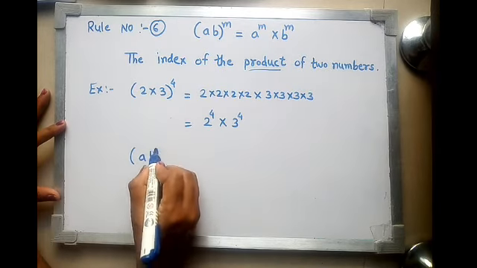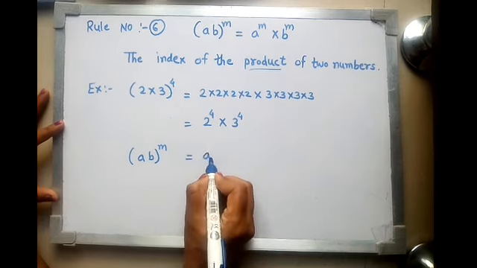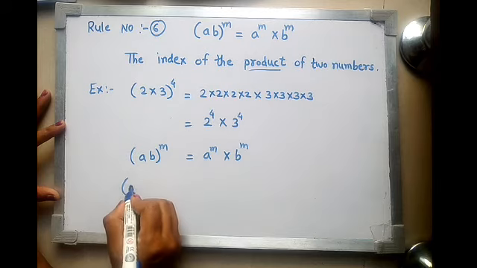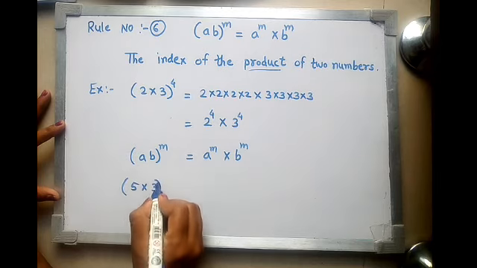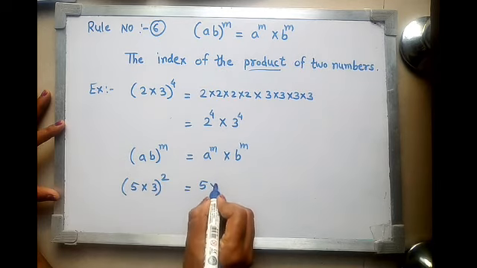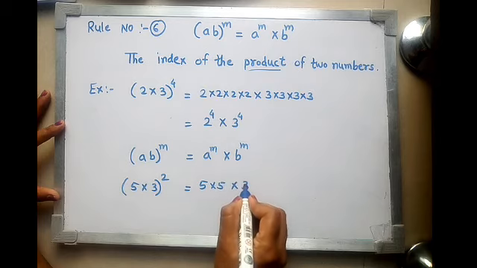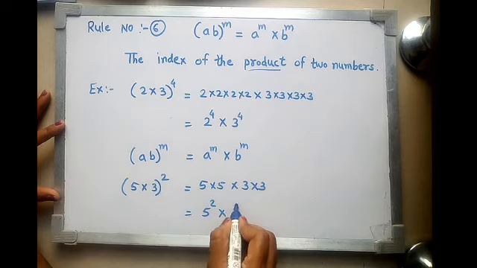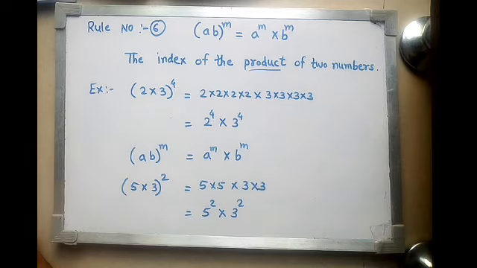In general, (a b) raised to m is a raised to m and b raised to m. (5 into 3) raised to 2 is 5 into 5, 3 into 3, 5 raised to 2 and 3 raised to 2. Here we write the exponent for each number.